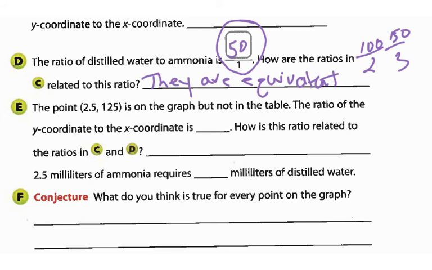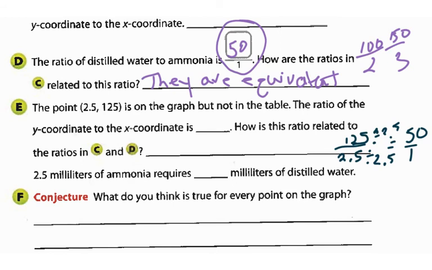If I go 125 over 2.5, and I put this into simplest form, that means I'm going to have to divide by 2.5. In my calculator, I take 125 divided by 2.5. I get 50. So I end up with 50 over 1.